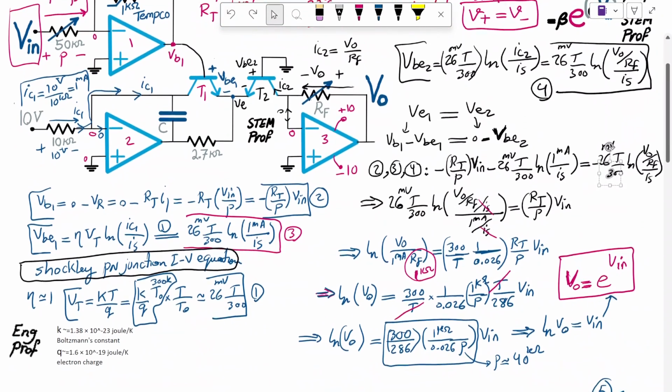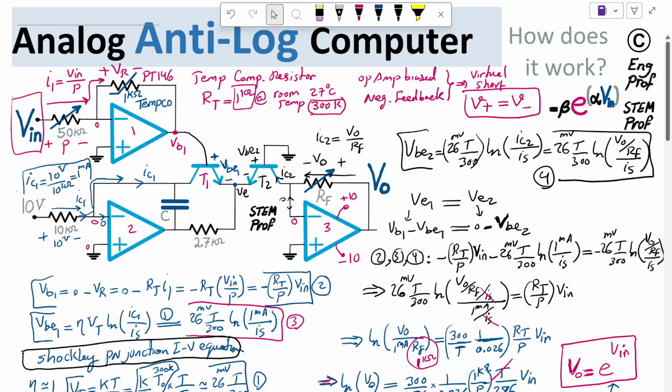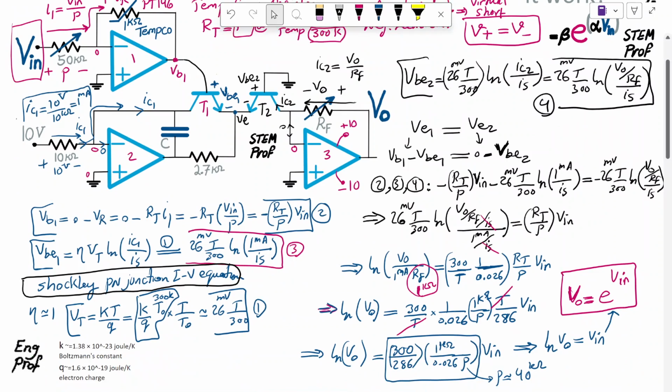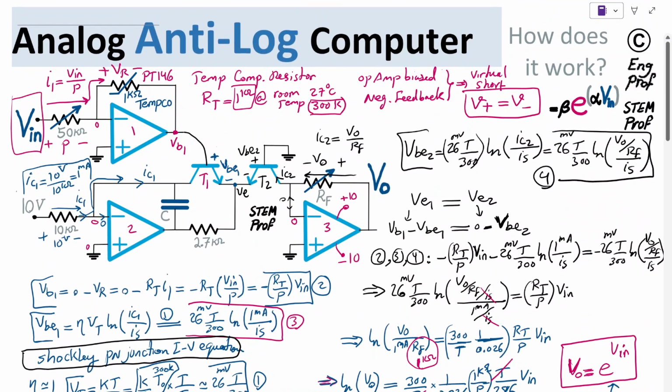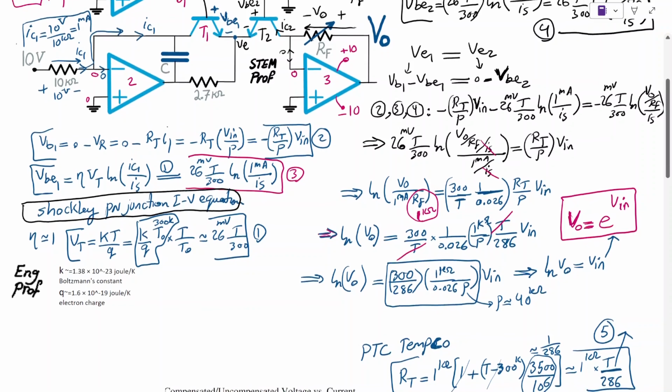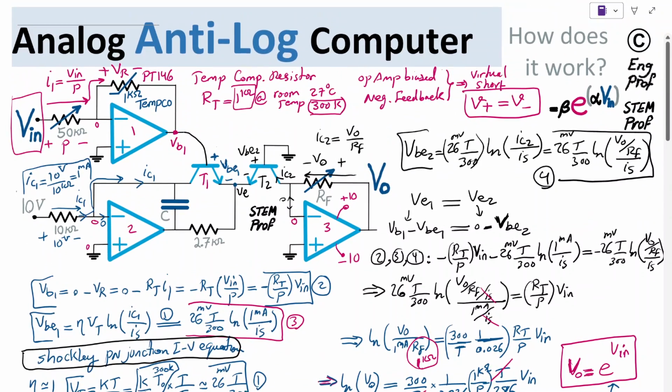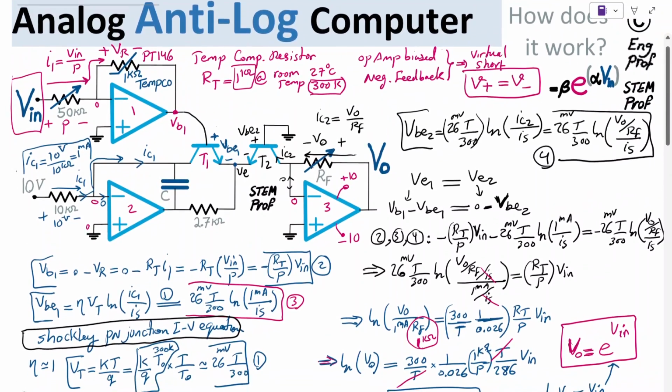So to achieve exactly this with minimum temperature dependency, I needed to set the potentiometer P to 40K and RF to 1 kilo ohm. So I hope that this example is helpful to show how we can practically realize an anti-log computing analog circuit, and what important temperature dependencies we need to consider in the circuit.